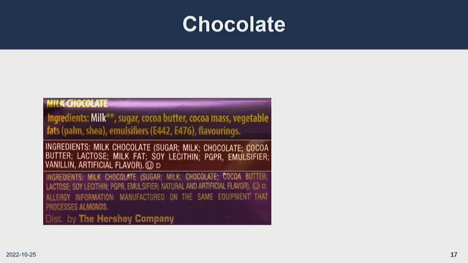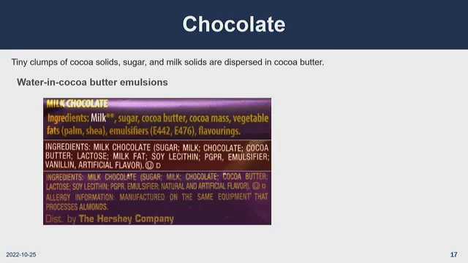Okay, oil in water, but you will find in other papers or books, they say the opposite. So the purpose of the principle is that water is spread in the cocoa butter.